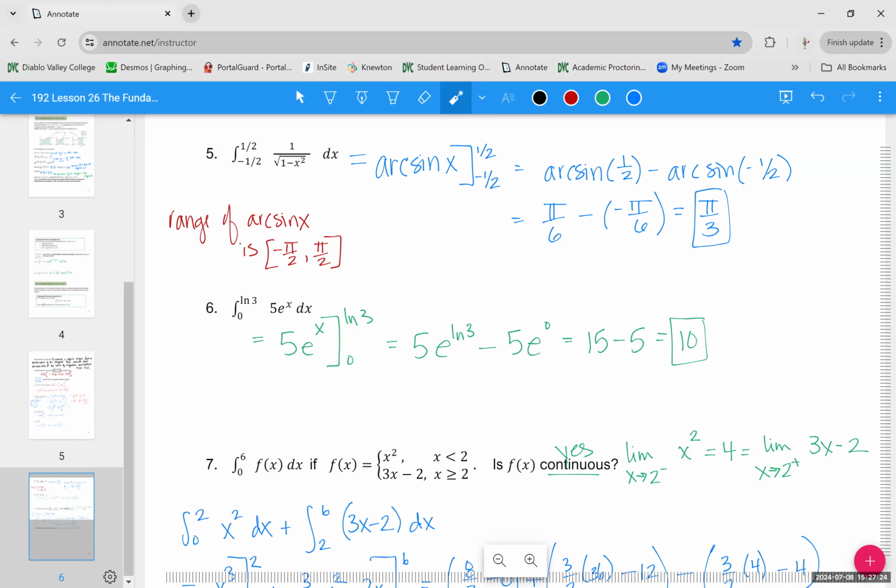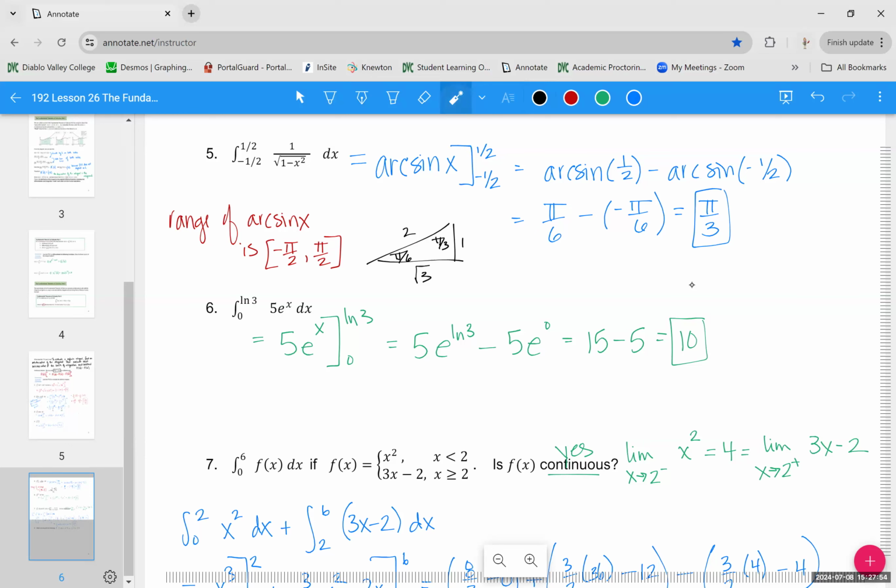Now, keep in mind that the range of arcsine is negative pi over 2 to pi over 2. That means you're going to get out an angle in either the fourth quadrant or the first quadrant. So the first quadrant angle that has a positive arcsine of 1/2 would be pi over 6. We can see that from the pi over 6 triangle.